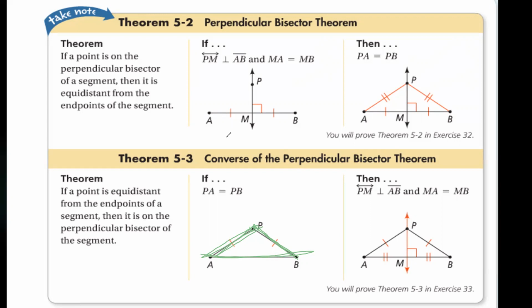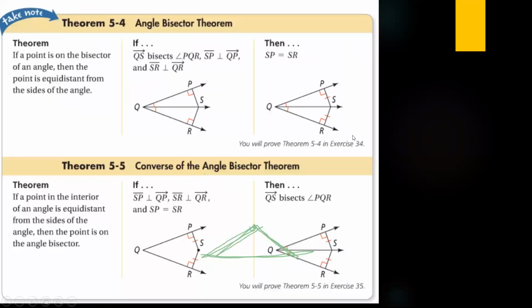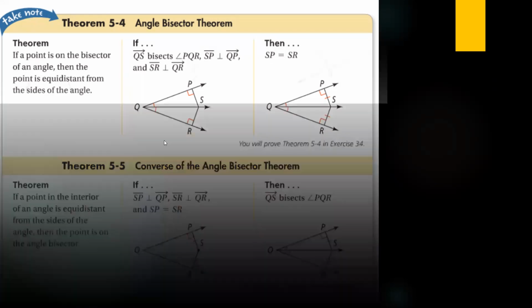If one of these happens, I can say yes, this is a perpendicular bisector. Now for the angle bisector, as I told you, it must be equidistant from the sides of the angle, perpendicular on them, and cut the angle into two equal halves.